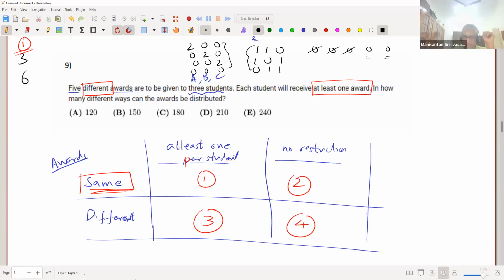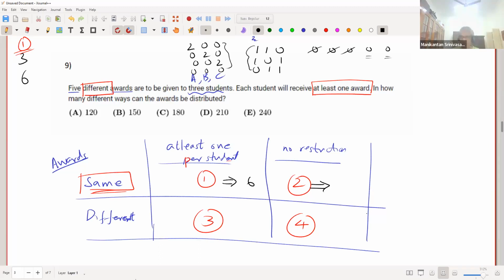Now let's do this case. So there's 6 ways here. Let's do the case where there is no restriction. How many cases? How many possibilities? So for example, one student can get 4 awards, other student can get 0 award, and the third student can get 1 award. 401 is a possibility, or 500 is a possibility, or a 221 is also a possibility.